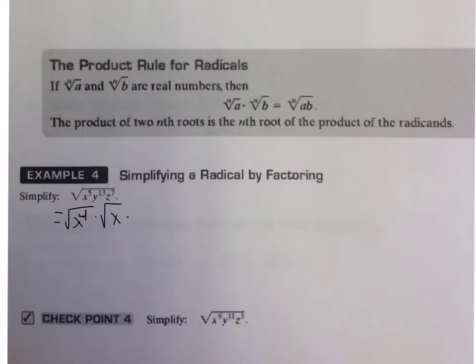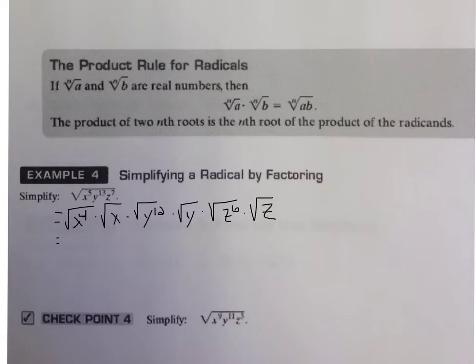And we're going to do it with the y too. Take one away, so that'd be the square root of y to the 12th times another square root of y. And 12 and 1 make 13 y's, so that'd be the same as the square root of y to the 13th. And we're going to do the same thing with the z's: the square root of z to the 6th times the square root of z.